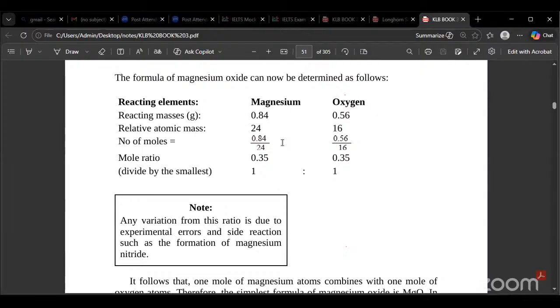But now in my calculation, when I divide 0.84 by 24, I am getting something different. I am getting 0.035. Okay, now what about when you divide 0.56 by 16? Yes, 0.035 also. So it is the same.